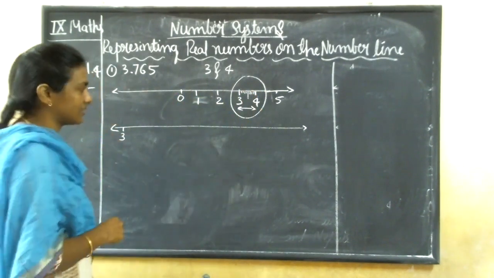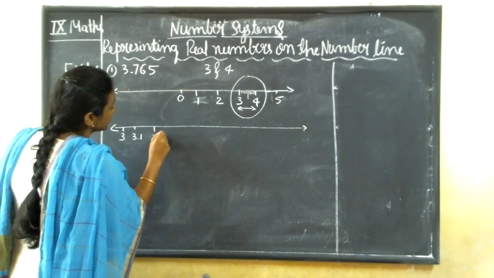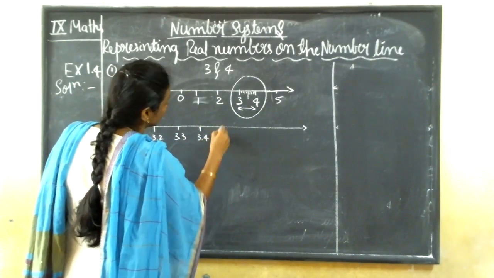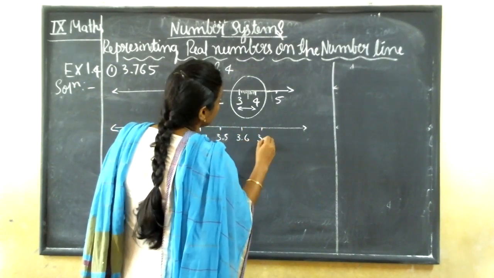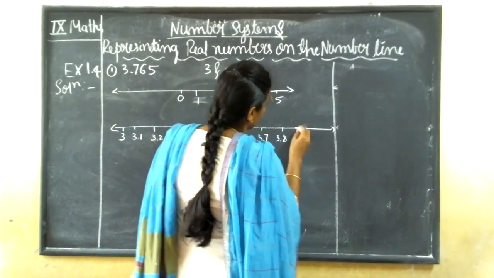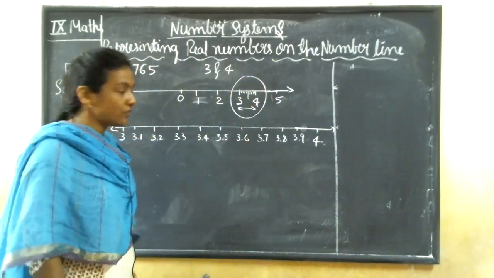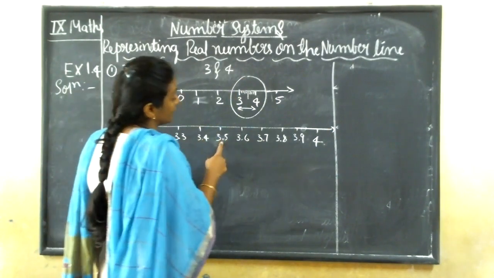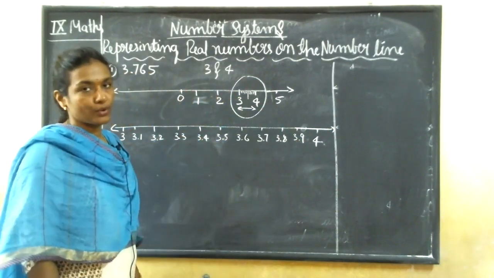So here I am going to write 3 and here we will get 3.1, right guys? 3.2, 3.3, 3.4, 3.5, 3.6, 3.7, 3.8, okay, and 3.9, and here it comes 4. In between 3 and 4, we are going to write 3.1, 3.2, 3.3, 3.4, 3.5, 3.6, 3.7, 3.8, 3.9, and next it is 4. Clear?